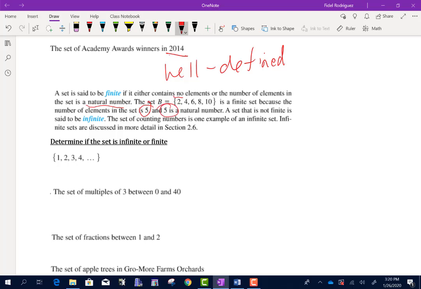So it's finite if there's no elements or the number of elements is what we call countable, or a natural number, okay? A set that's not finite is said to be infinite. The set of counting numbers is one example of an infinite set. So infinite means it keeps going on and on forever. Even though we can count them, it never ends, right?